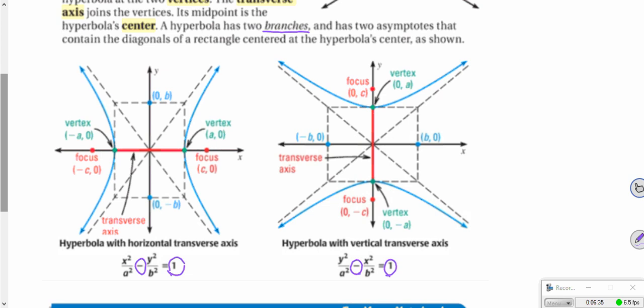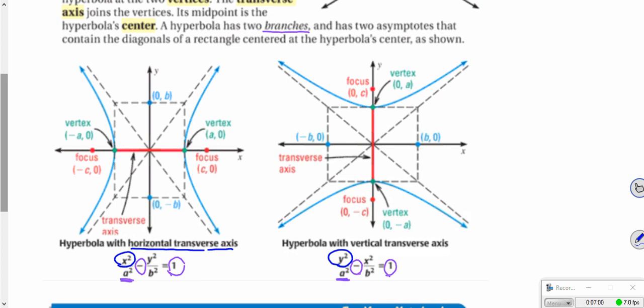So notice here on these formulas, both of these have an a squared. What's different, however, is that this one starts with an x squared, this one starts with a y squared. That's the difference. The ones that start with an x squared have a horizontal transverse axis.